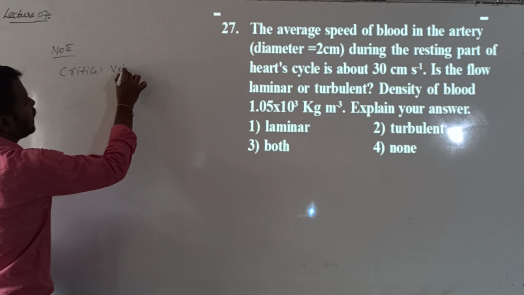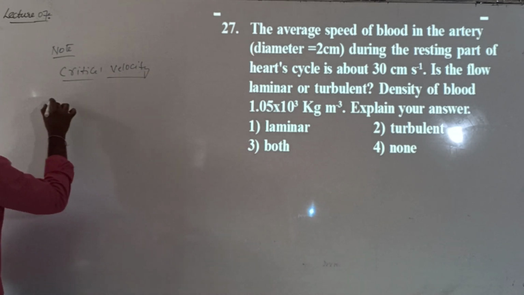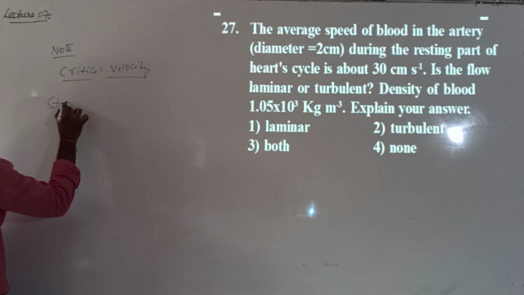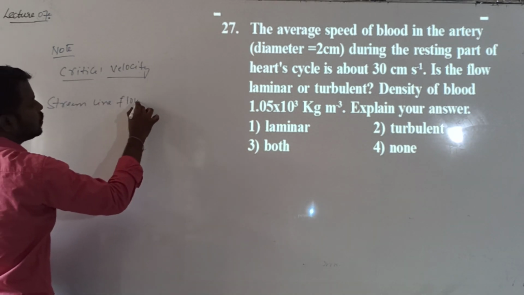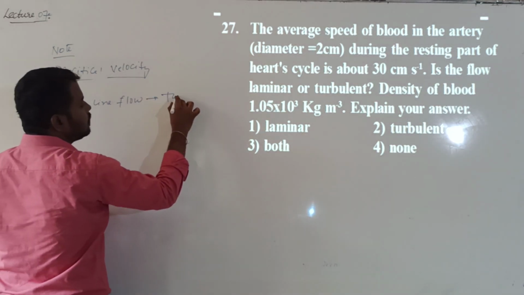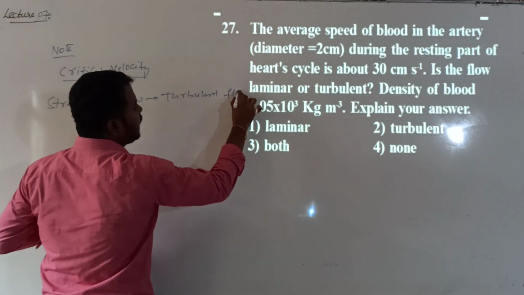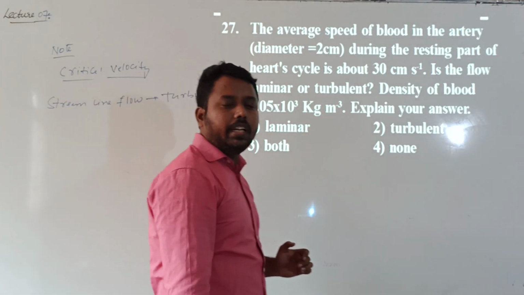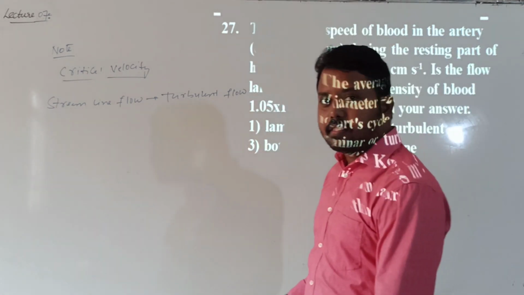Critical velocity is the velocity of the fluid flow at which streamline flow converts into turbulent flow. That velocity is called critical velocity.